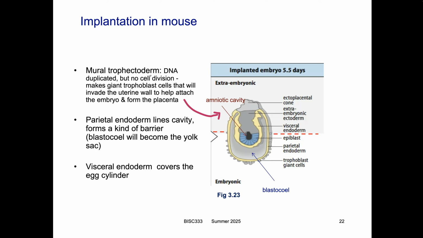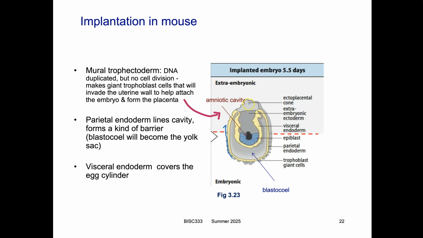So that happens multiple times, like not just once or twice. So you end up with these things called giant cells, and they're giant because they keep duplicating and getting ready to divide, but they don't actually divide. So they're big cells, and they are part of the cells that sort of go into and invade the uterine wall to start attaching the embryo and to start forming the placenta.